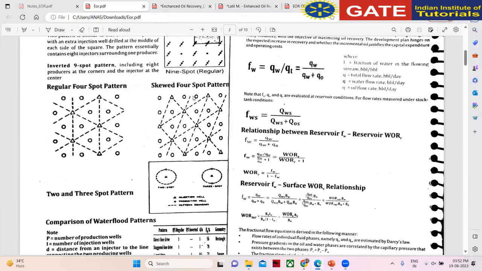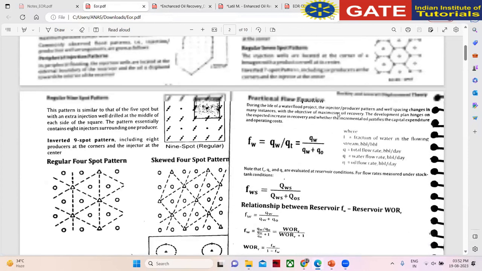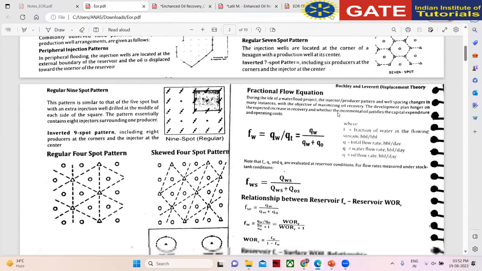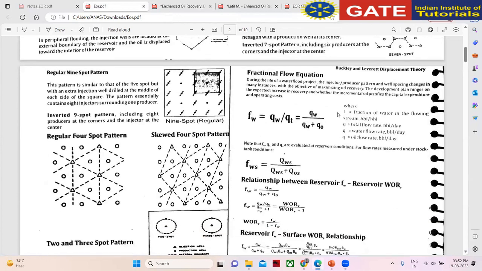So our next topic is the fractional flow equation. During the life of a water flood, there is a pattern of injection and production wells, and there is a spacing between them.